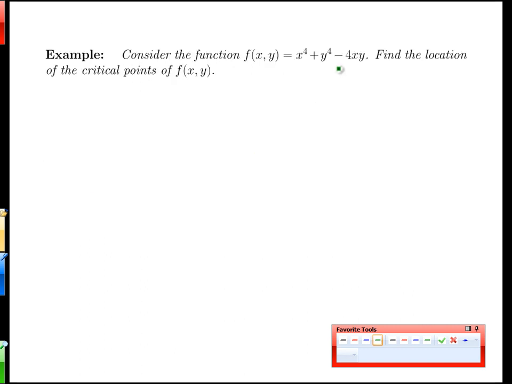Let's start this off with an example to make it concrete. We've got a function that's got a combination of various x powers and y powers and x and y products, and we're simply going to identify the critical points.